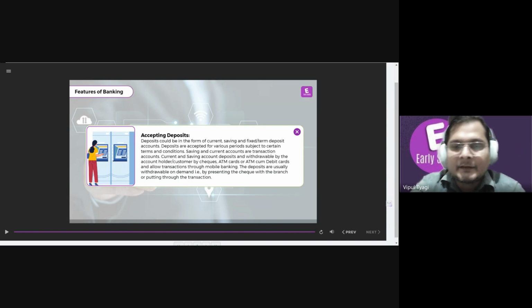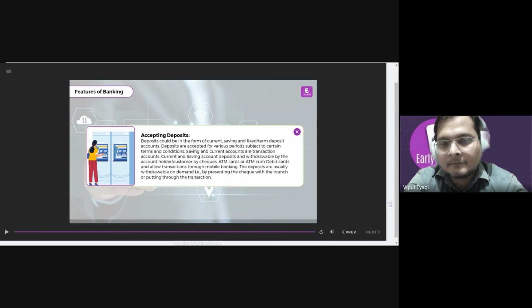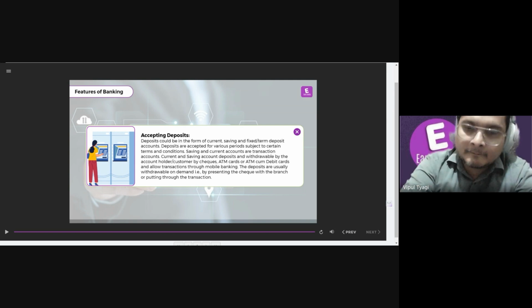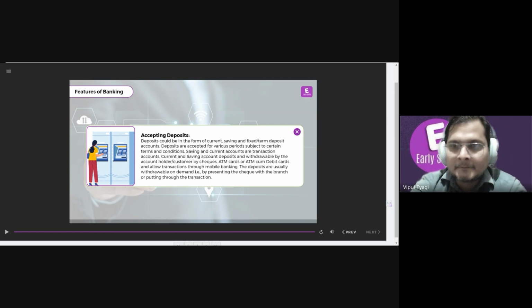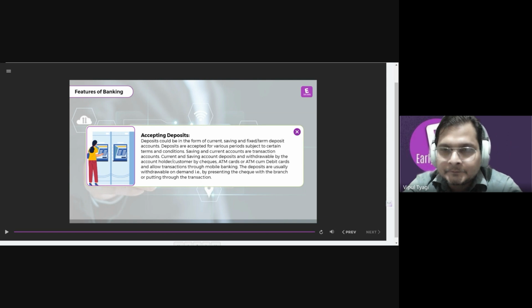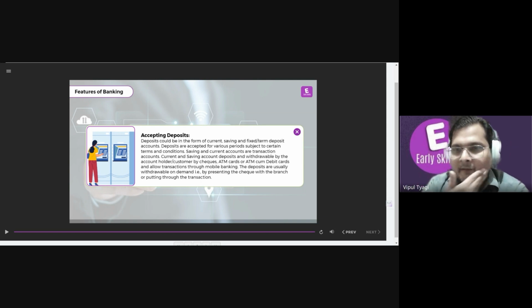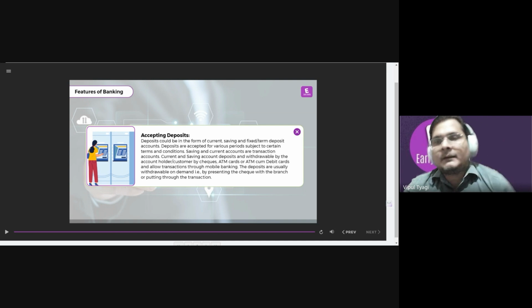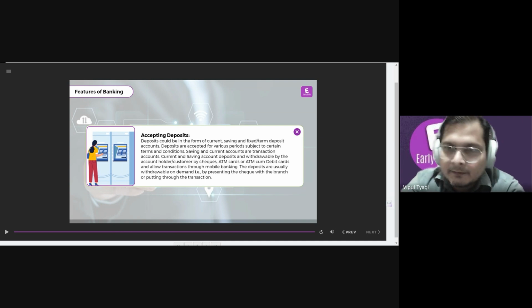Yes, Abhi, what is fixed deposit? Do you have any idea about fixed deposit or not? Say frankly, there is no harm in saying no. No, sir. If you don't know, quickly say no. Okay, so I will explain.